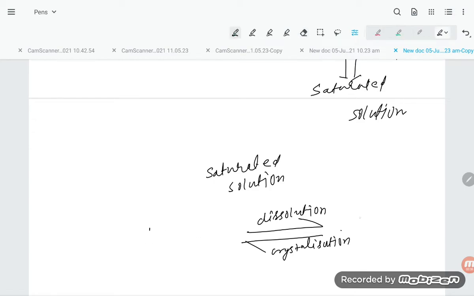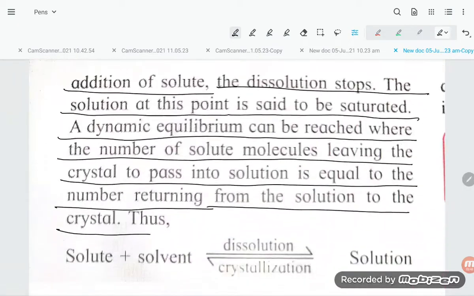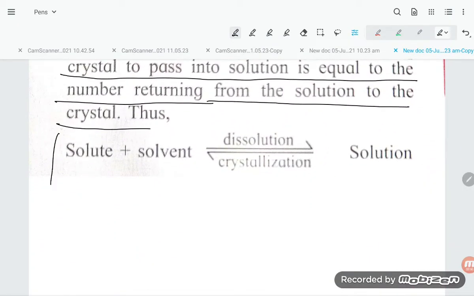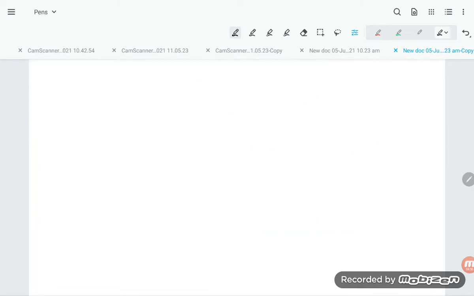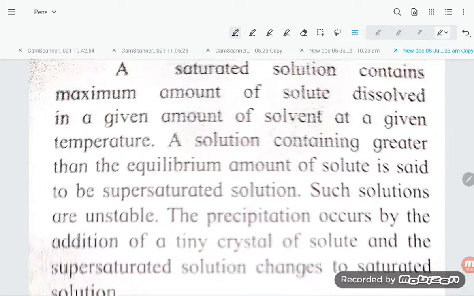Keep that point in mind, students. Here you can see solute plus solvent, with dissolution or crystallization. If it is crystallizing, it forms solute plus solvent, and if it is dissolving, it forms the solution. So that is what the capacity is all about.